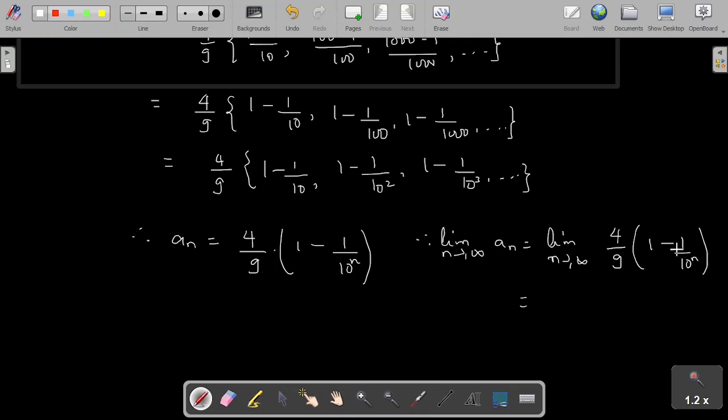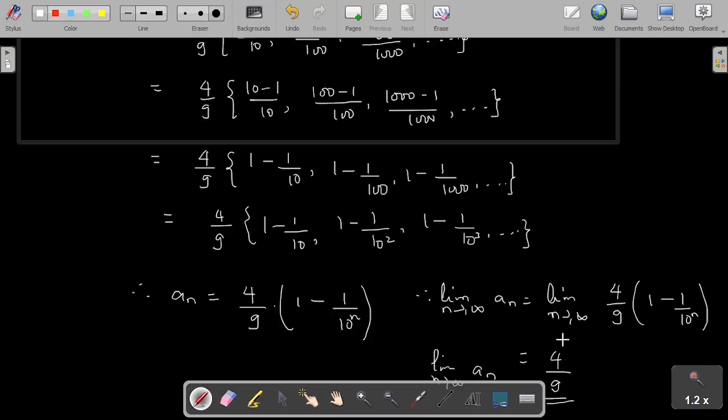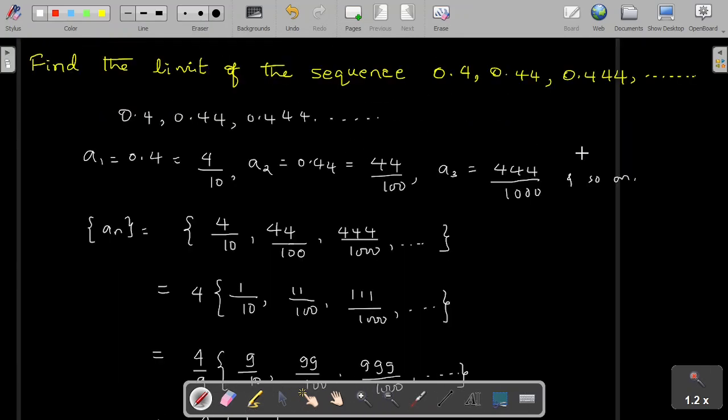Therefore, as n tends to infinity, x to the power n for any such value becomes 0 because this value 1 by 10 is less than 1. So as n tends to infinity, 10 to the power infinity is infinity. So 1 by infinity becomes 0. So you will have the remaining value 4 by 9. Therefore, limit as n tends to infinity of an equals 4 by 9. That is the answer for the limit of this sequence.